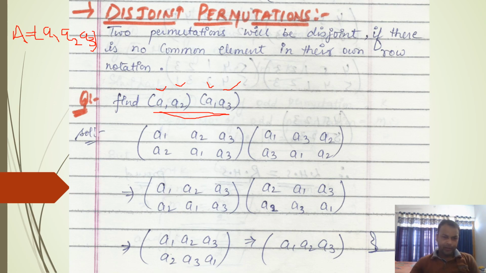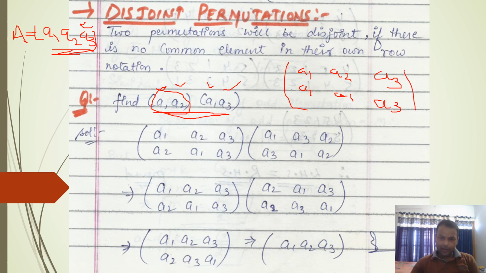So in the case of disjoint permutations, here we are writing (A1 A2). A1 is associated with A2 and A2 is associated with A1, because this part represents a cyclic permutation. But in our set we have three elements. We have one more element, A3. This A3 will create a self association; it will be associated with itself.